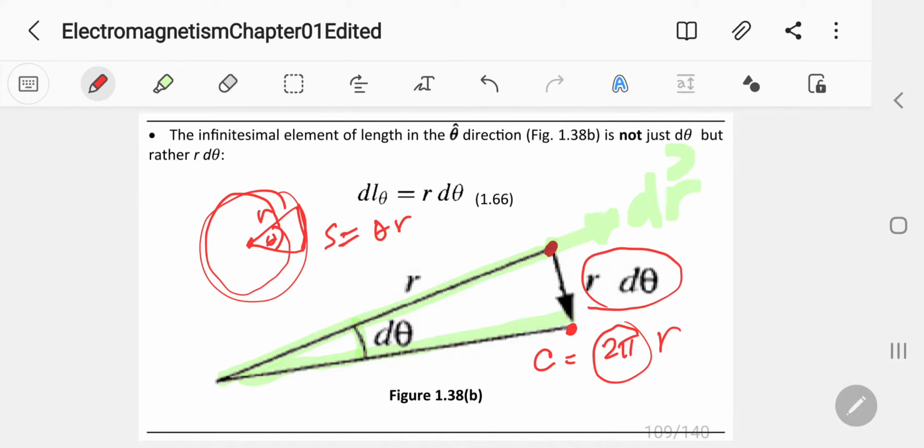So your ds, or your dl theta, is r d theta, which is this one here.